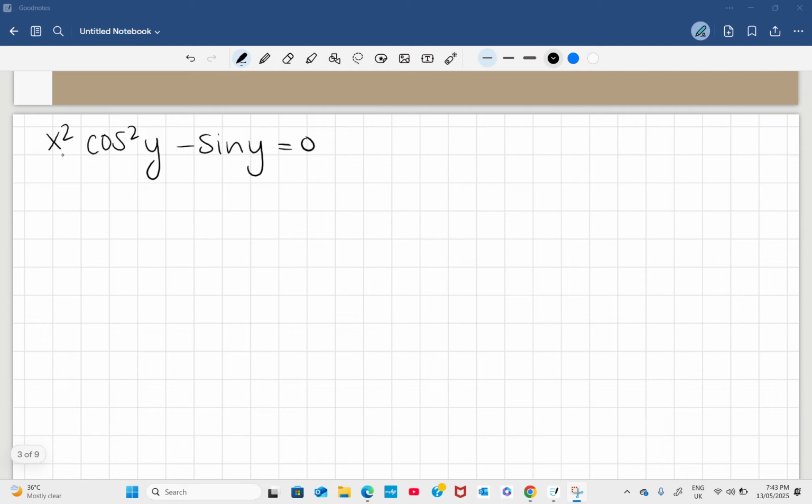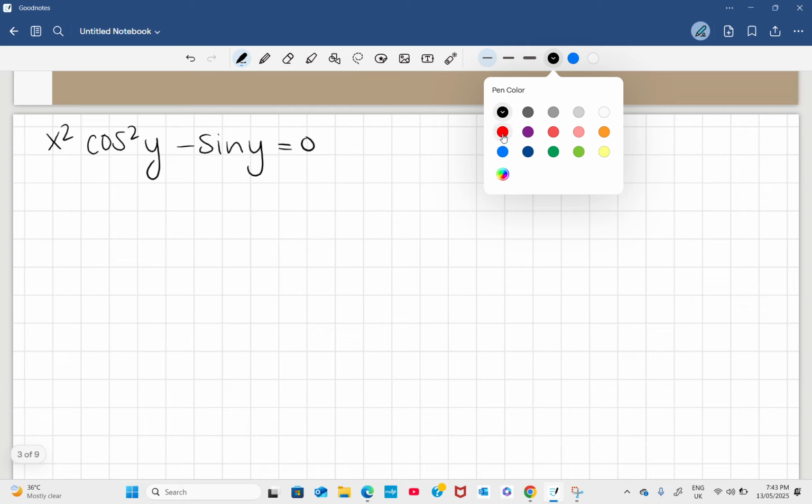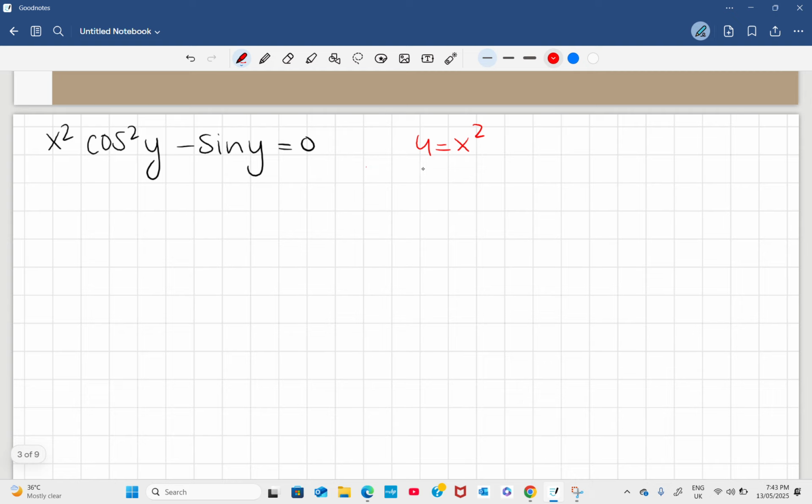Okay, so here I'm given x squared into cosine squared y minus sine y. So in the first part, I have the product rule. So let's take u is equal to x squared, u prime is 2x. Now v is equal to cosine squared y.